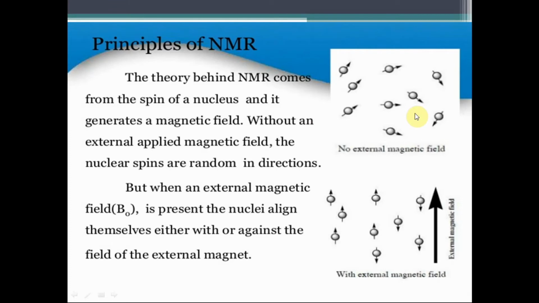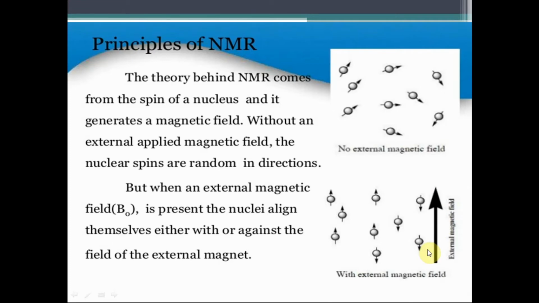But if it is under the control of an external magnetic field, like a spinning top that we rotate but which is influenced by the earth's magnetic field, then the hydrogen nuclei can arrange in only two orientations. Some of them are in the upward direction, which is the direction of the external magnetic field, and some are in the downward position.